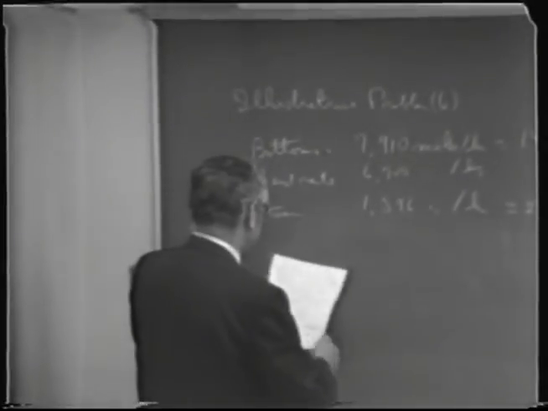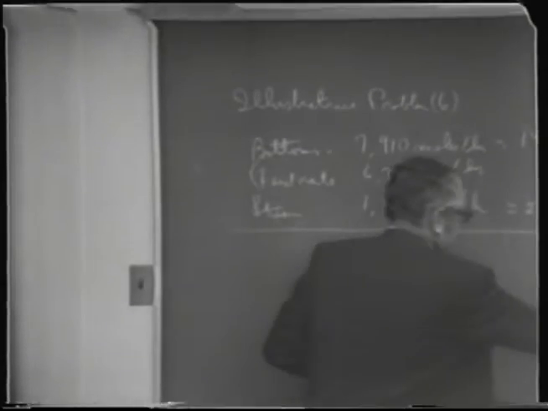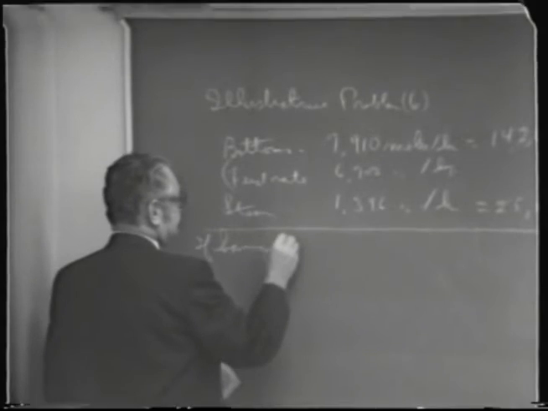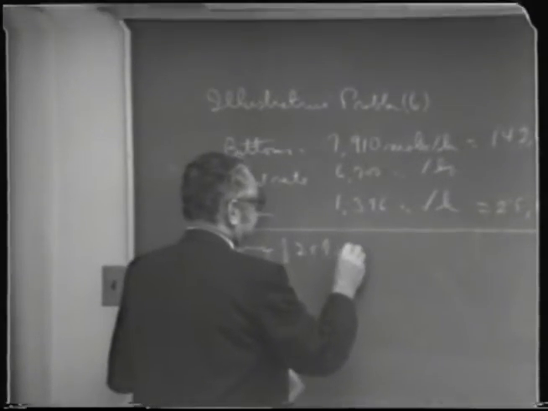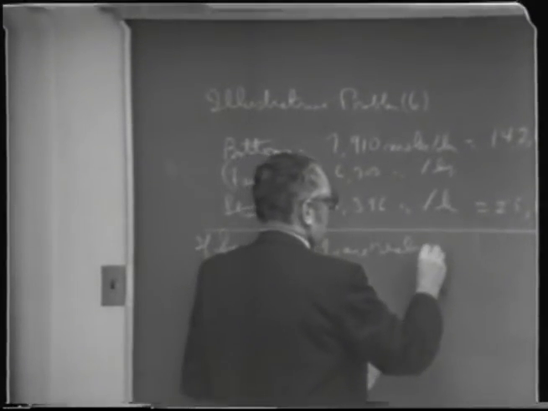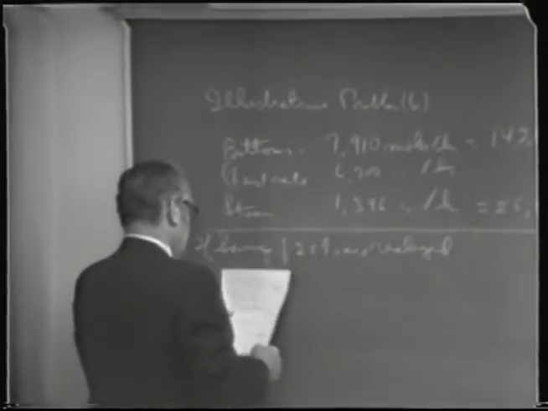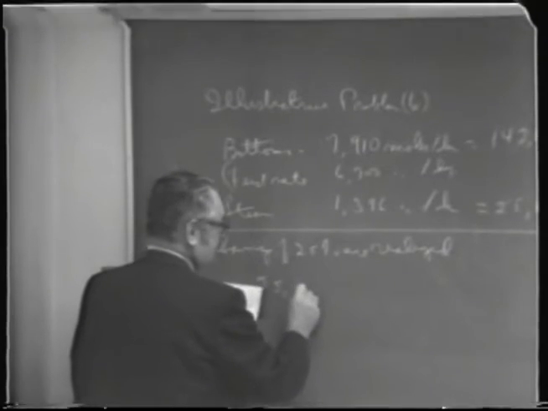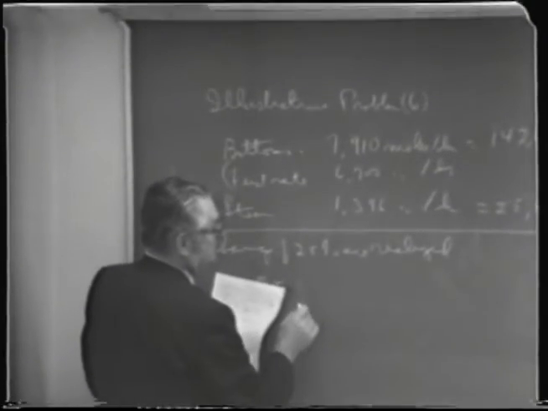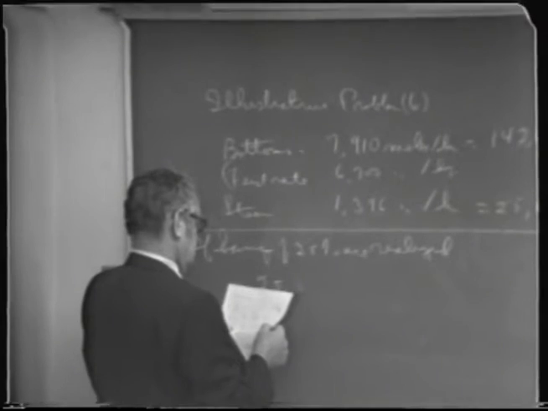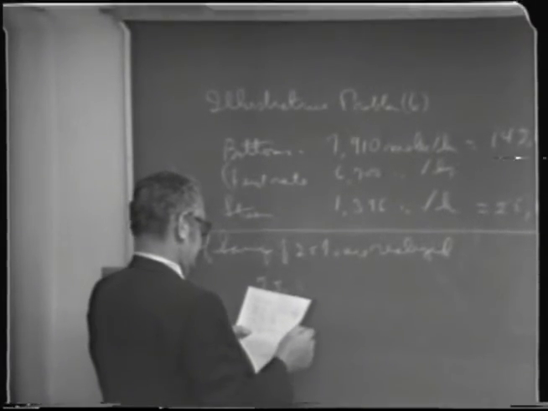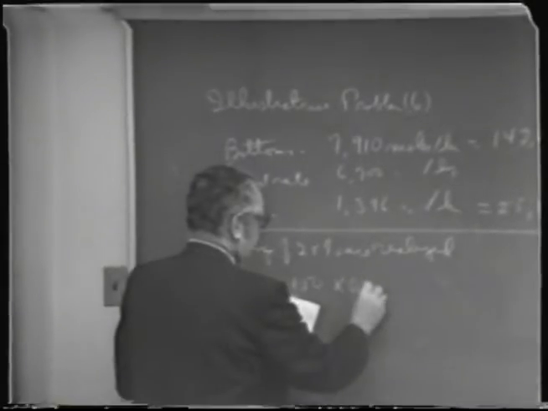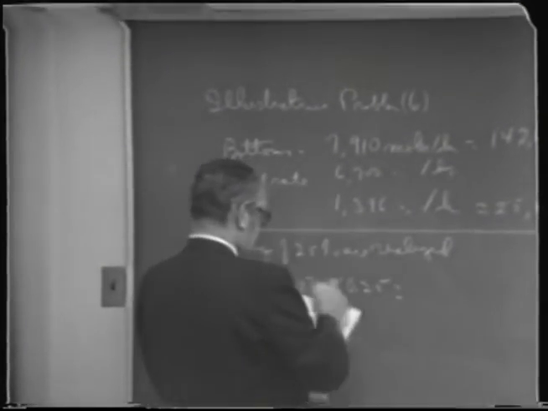For example, if savings of 25% are realized, why then we'd have 25,150 times 0.25, and I think I used 500 here.